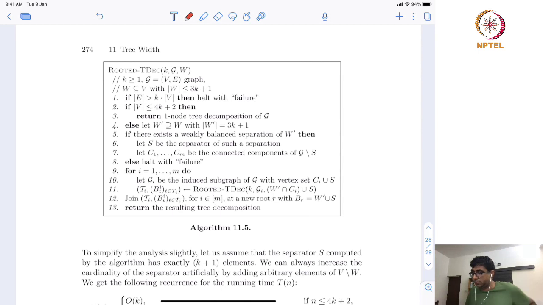Actually, you can prove we don't need 3k plus 4, and with 3k plus 1 itself things would hold. You find what is called a weakly balanced separator for W prime with 2/3, let S be such a separator, and you can achieve this.